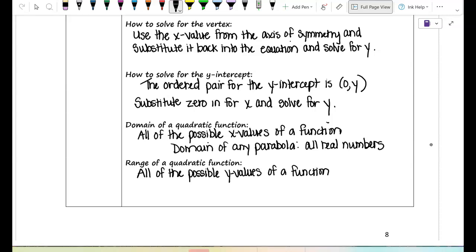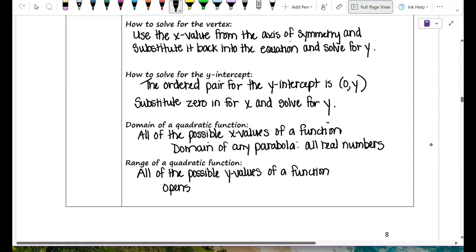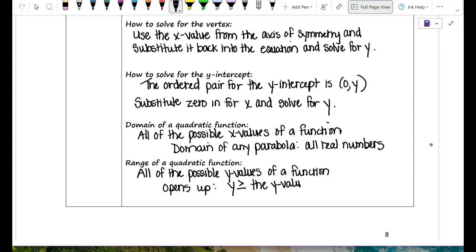So if this opens up, it's going to be y is greater than or equal to the y value of the vertex. If it opens down, y is less than or equal to the y value of the vertex.